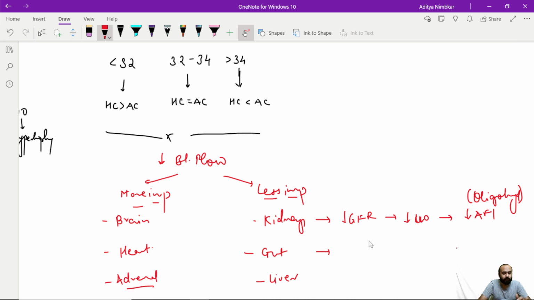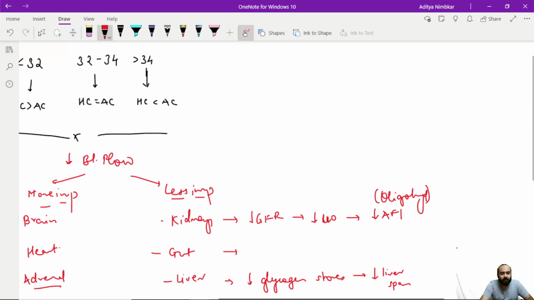The liver, when the blood supply to the liver is reduced, depletes the glycogen stores that are present. So the glycogen stores in the liver are depleted. This leads to a reduction in the size of the liver, or what I will also call the liver span, is reduced.